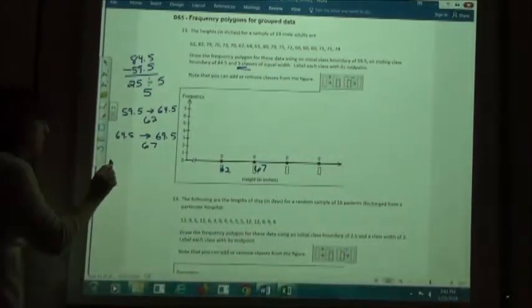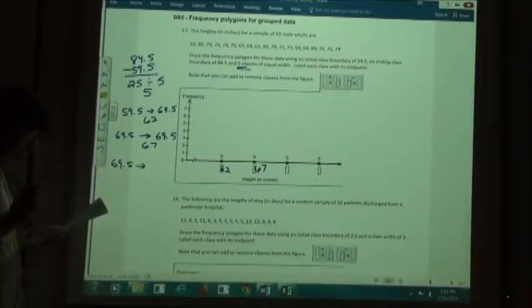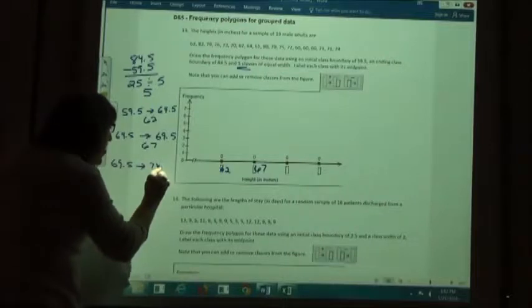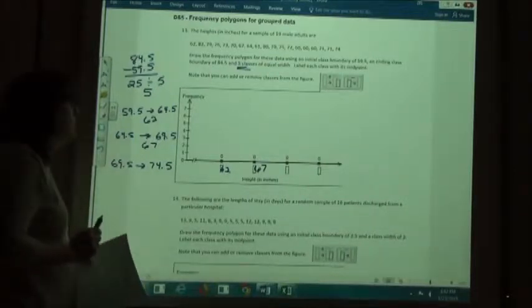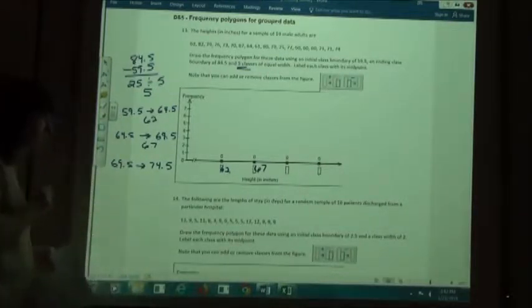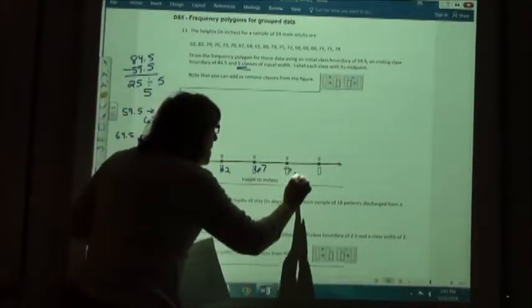My next section is from 69.5, and 5 more would be 74.5, so the midpoint of that would be 72.